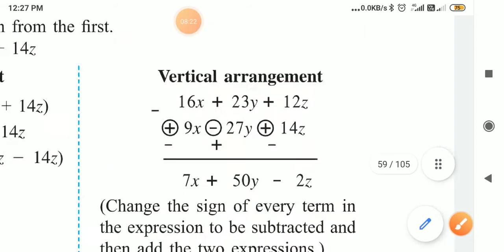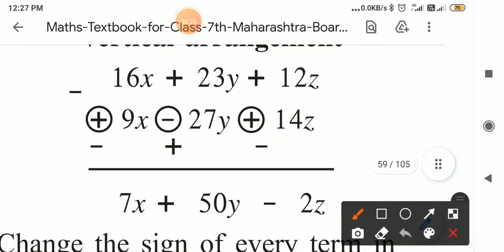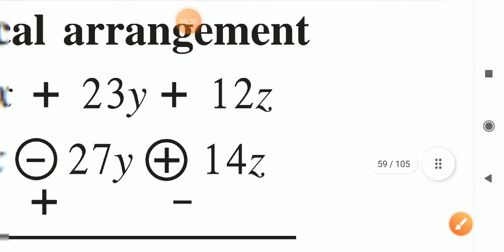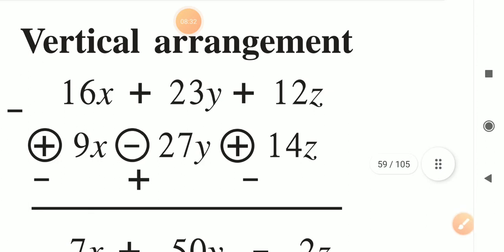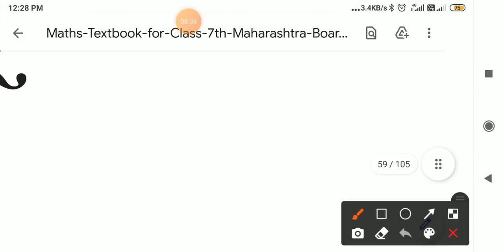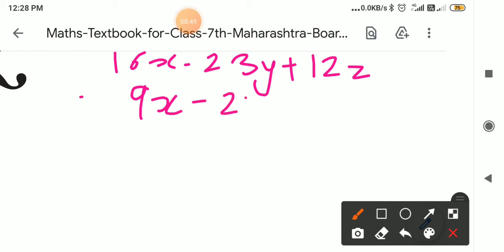Okay, now whenever we are doing the vertical arrangement for subtraction, first of all the first bracket you have to write as it is, like 16x minus 23y plus 12z, and then below it 9x minus 27y.